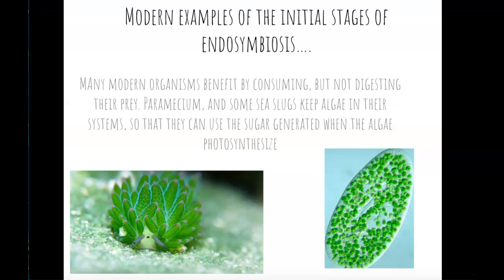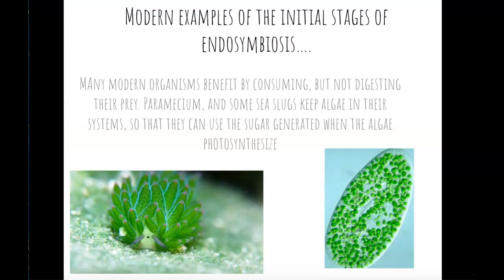They just keep it within their body cell, and the paramecium and the cyanobacteria create a symbiotic relationship where the paramecium is giving the cyanobacteria a safe place to live, and it moves the cyanobacteria to areas with lots of sunlight, and therefore they can do photosynthesis and create glucose and other sugars. And in return, the cyanobacteria share that sugar that they're creating through photosynthesis with the paramecium. And so they have a symbiotic relationship.